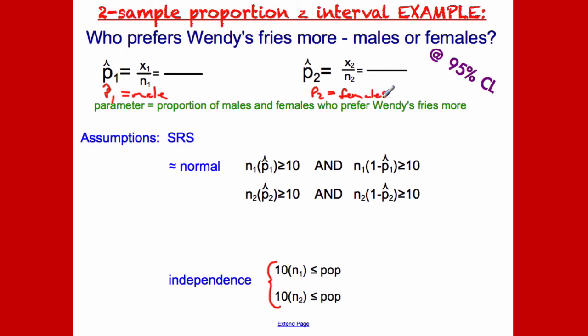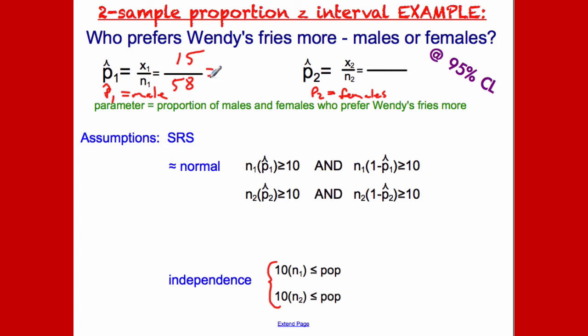All right, number of successes. How many successes did we have for males? We had 15 that liked Wendy's. Agree? So 15 is my top number of successes out of total males. We've got 15 plus 43, so 58. Somebody want to find that on your calculators? 0.2 something.